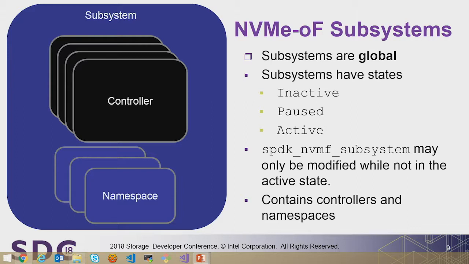One other important thing to note here is that subsystems are entirely virtualized things. Each one of these namespaces corresponds to a block device in SPDK, not to a physical NVMe device namespace, right? So it's entirely a virtual thing.